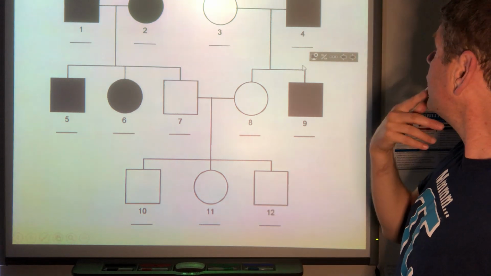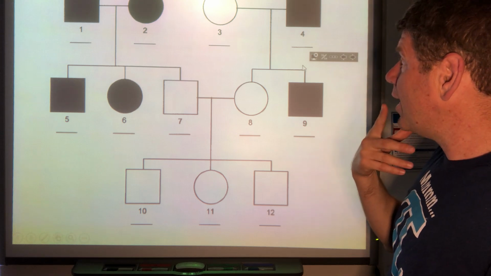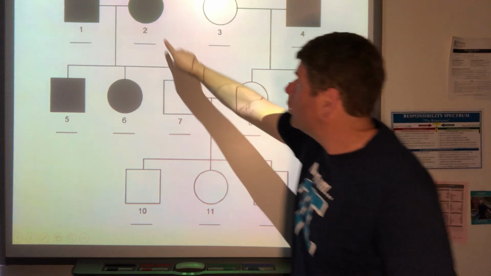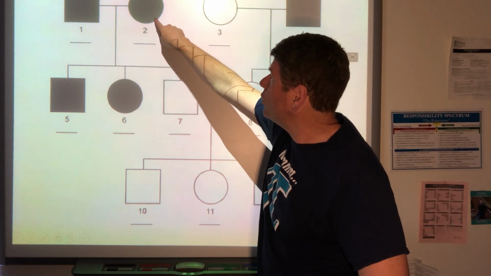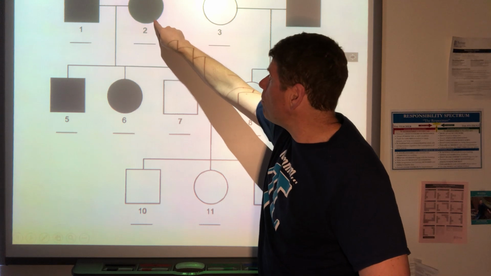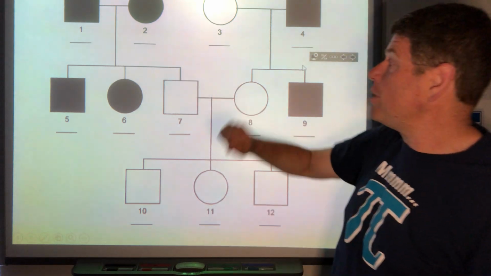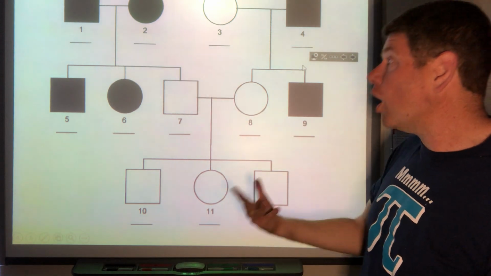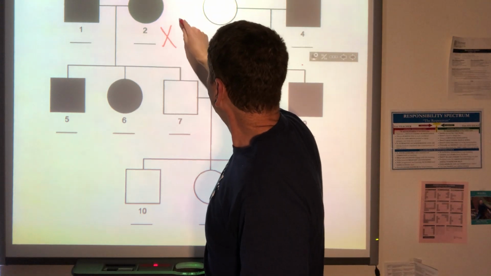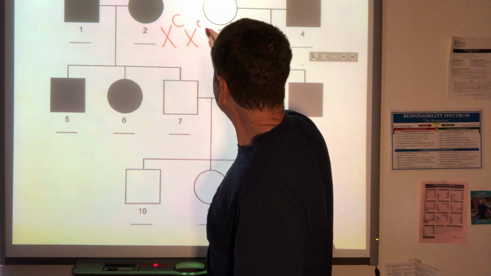Can we explain why this can't be sex-linked recessive? This male, if it was sex-linked recessive, would get an X from mom and would definitely be affected, so it can't be sex-linked recessive. But can it be sex-linked dominant? Yes, it can. So very quickly, we could have an X big C and an X little c.